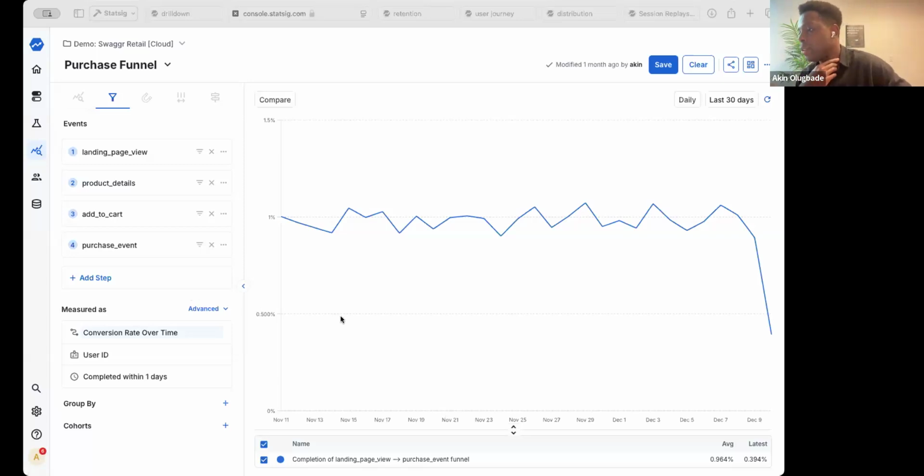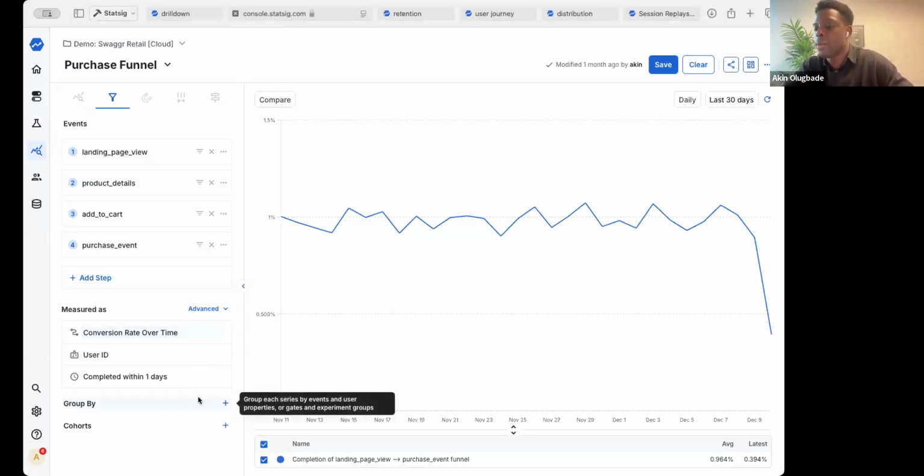So you can imagine that you launch a new feature, and you launch it on November 17th. If you expected it to change your conversion rate in general, this would be a great way of seeing that trend over time.